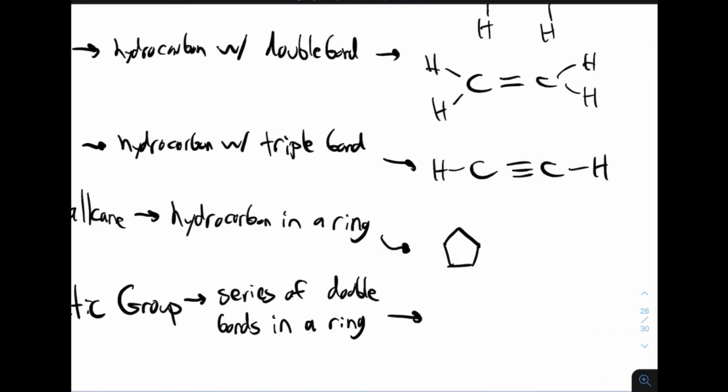And that's going to look like this. This is the most common example of an aromatic group you'll see, and for the most part, this is the one that we're seeing 99% of the time.